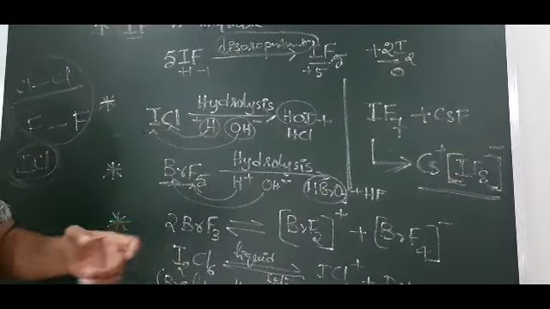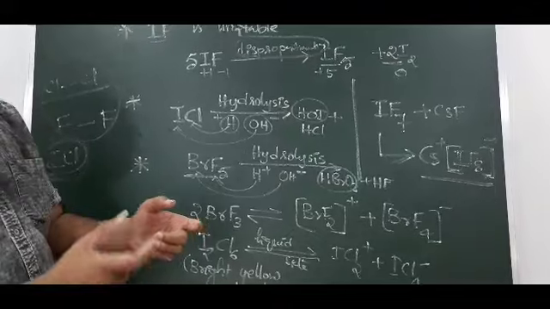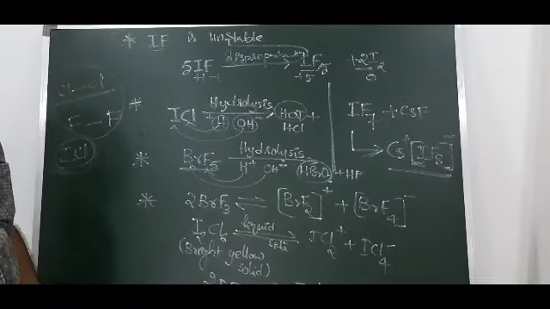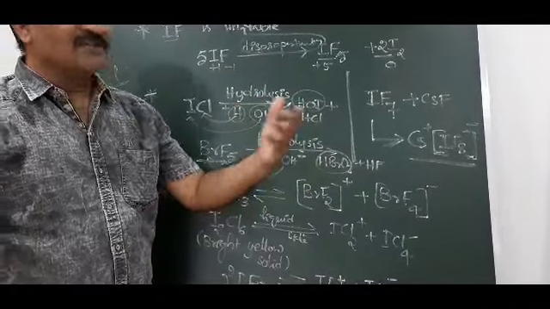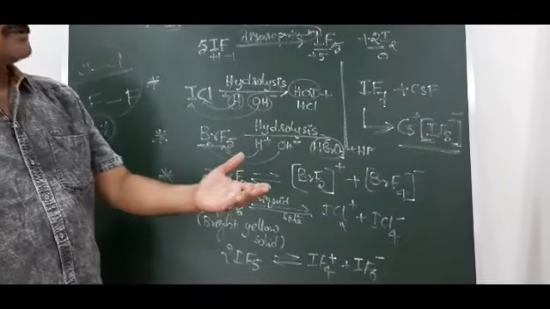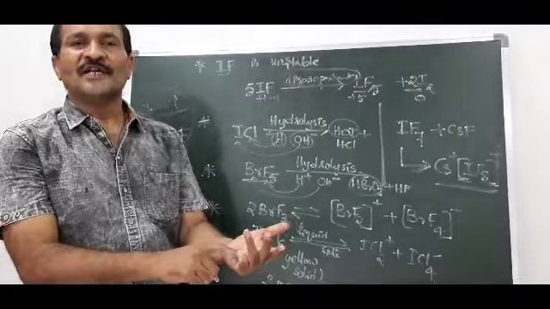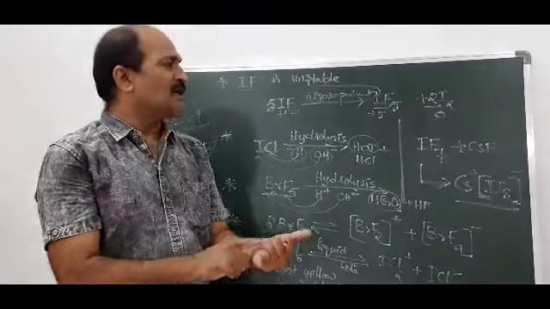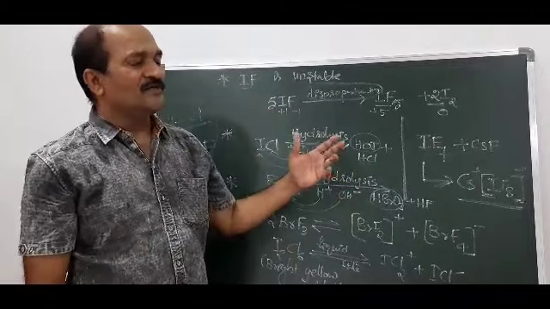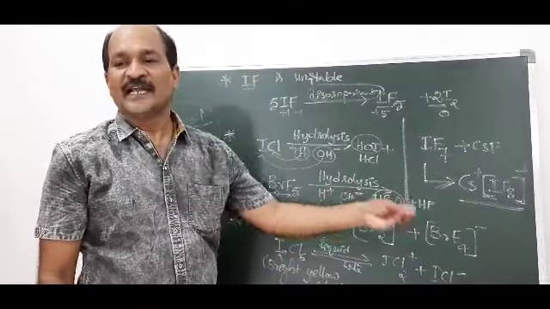Now we will discuss the relative comparison of the reactivity of different halogens. The reactivity depends on the size of the halogen atom, the electronegativity difference, and the polarity of the bond.